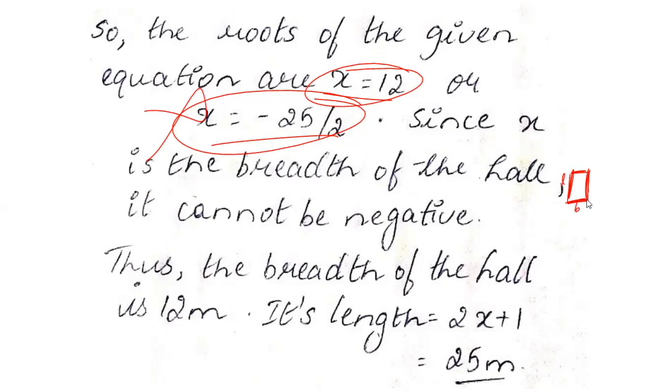Breadth is always a distance, it's always a scalar, so it cannot be negative. Thus the breadth of the hall is 12 meters, the length of the hall is 2 times 12 plus 1, 25 meters, right?